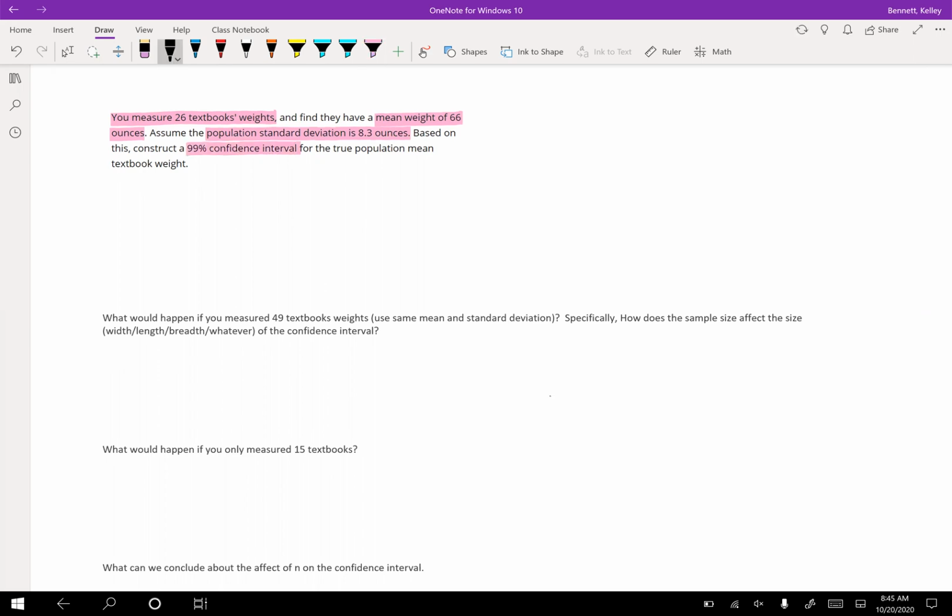So, all right, let's just get it down. We've got 26 textbooks. That's going to be n. We've got n equals 26. That's our sample size. Then we find that they have a mean weight of 66 ounces. I know we've been talking about this as mu sub X bar, but that's not really appropriate. We're just going to call it x bar, lowercase x bar, because we're talking about a particular sample here. In the other case, mu of X bar was the mean for the sampling distribution.